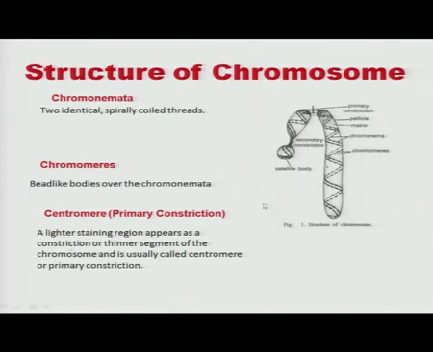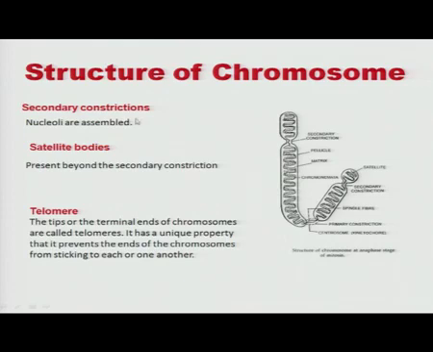Next, the region in the chromosome which is less condensed is called the centromere or primary constriction. At the primary constriction or centromere, both the arms of the chromosome are attached. Next is secondary constriction. Secondary constrictions are those regions of the chromosome where the nucleolus gets assembled.